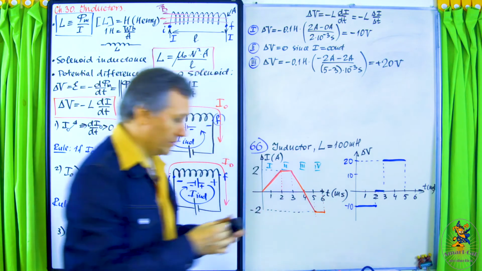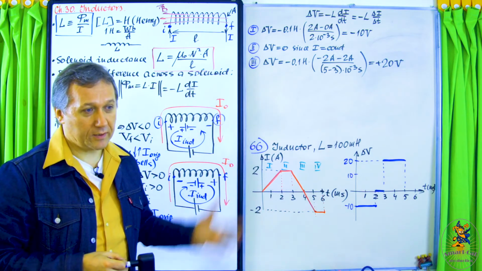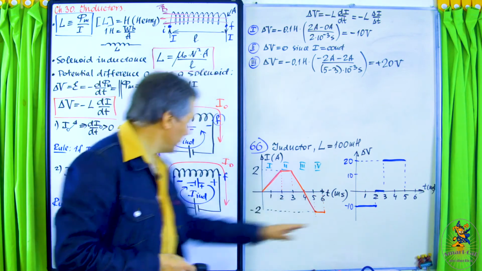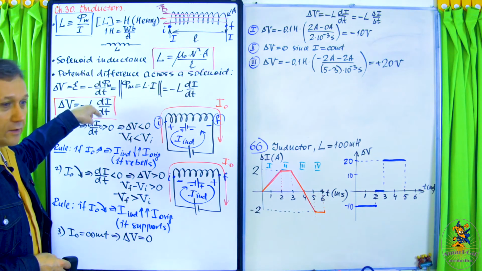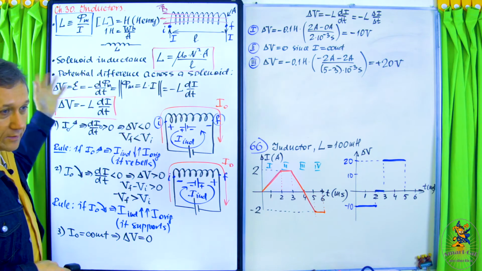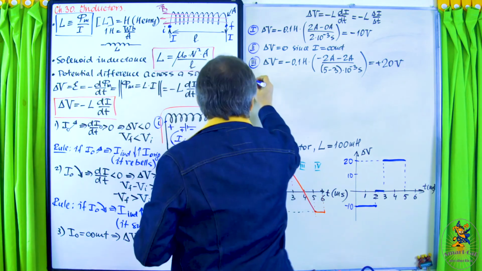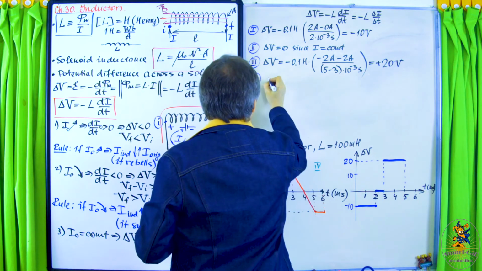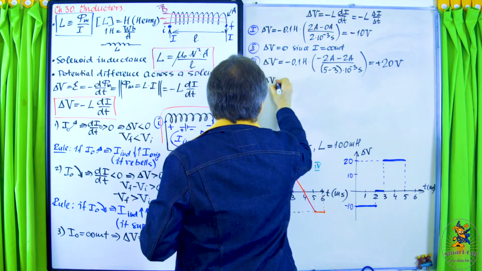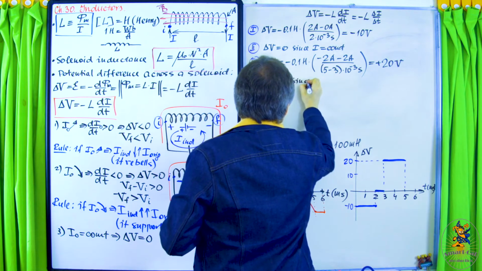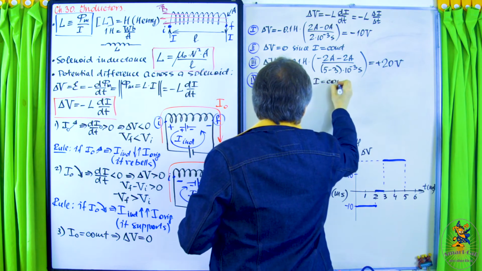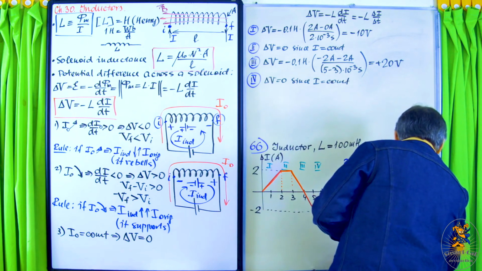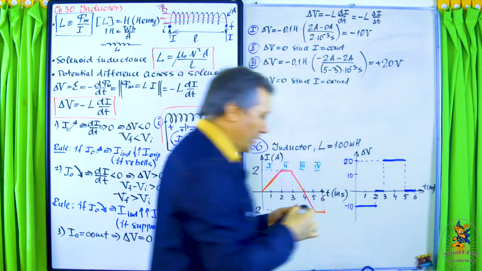And in the last section, from 5 to 6 milliseconds, immediately you can tell the solenoid is happy and is not going to do anything, right? The current is constant, the slope is 0, delta V is 0. So the last section, number 4, like in the second section, delta V will be equal to 0 since current is constant, right? Okay, so now I can draw it here. Okay, so that's the plot.